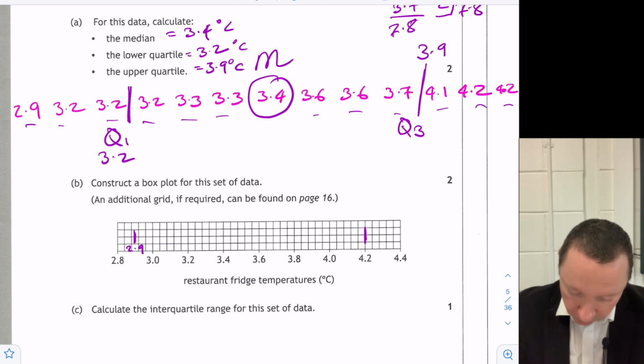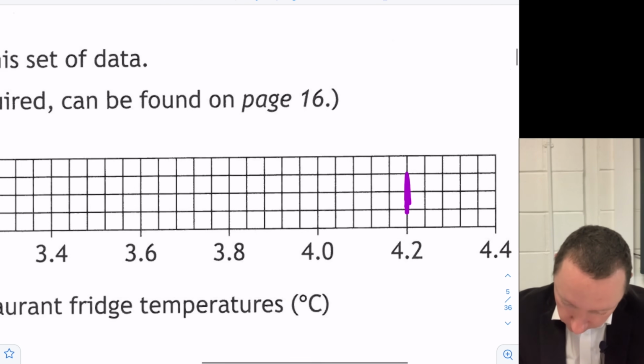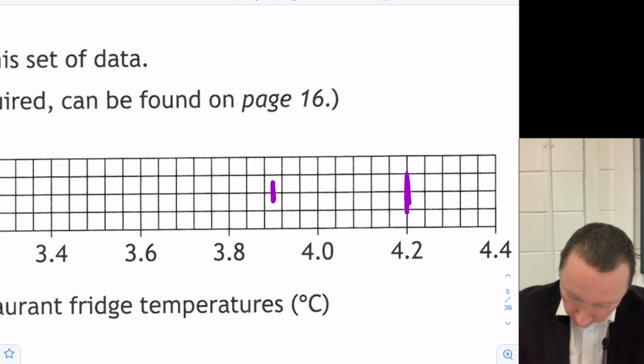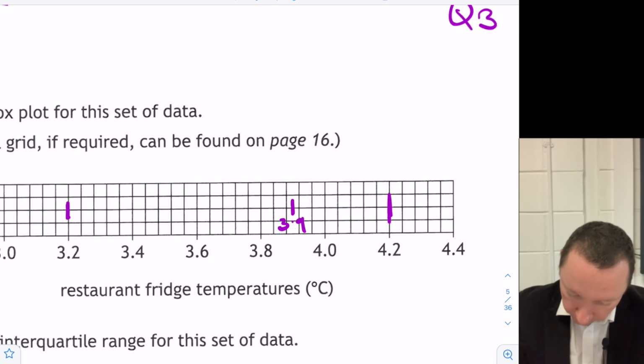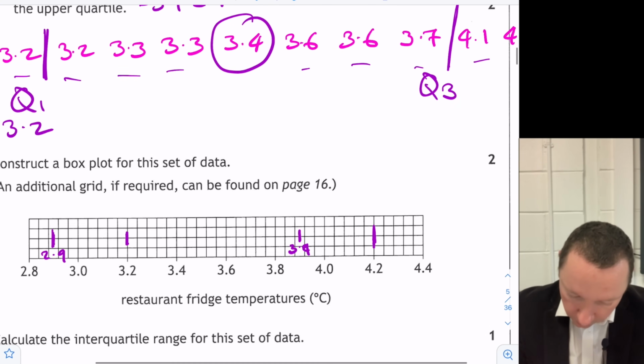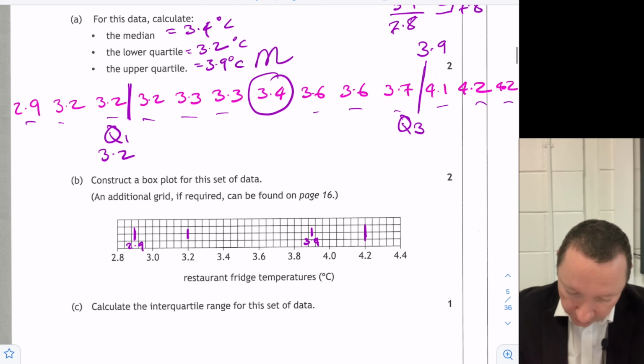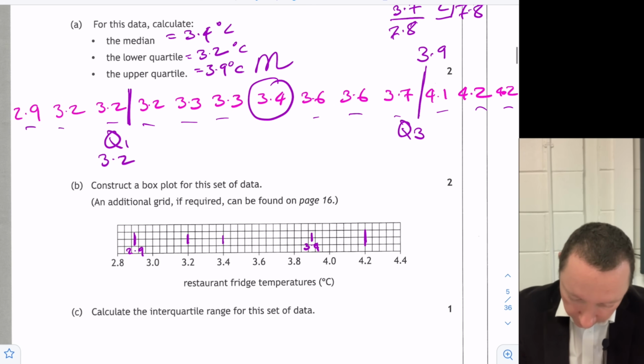Our lower quartile is 3.2, which we know is here. Our upper quartile is 3.9, which will be in the middle of 3.8 and 4, so that'll be here. And our median is 3.4, which is there.